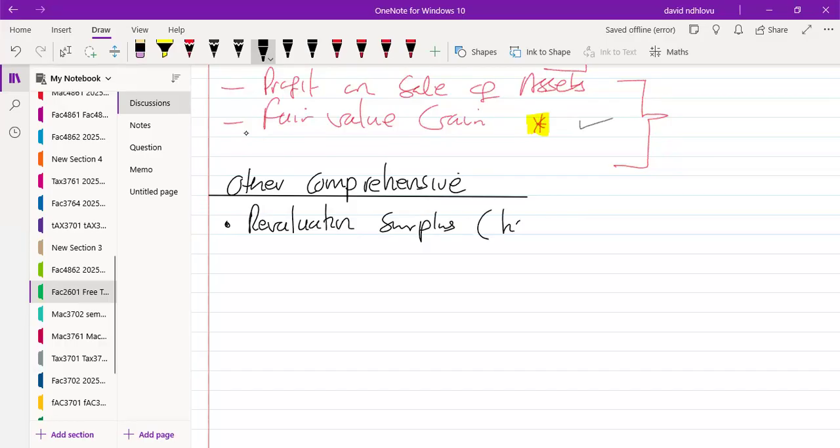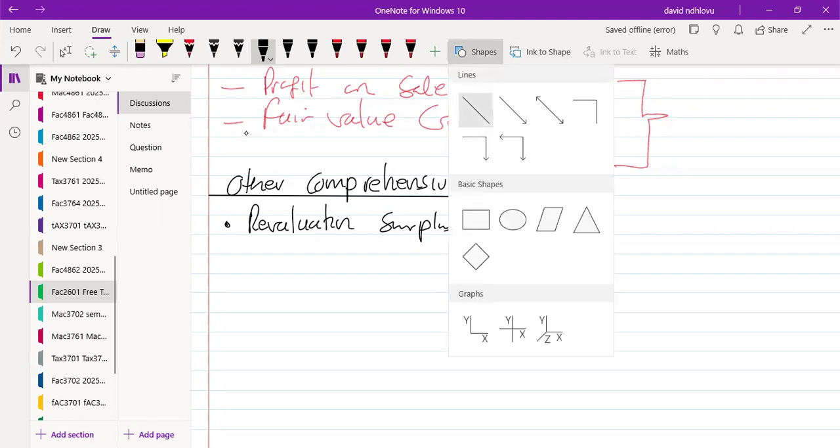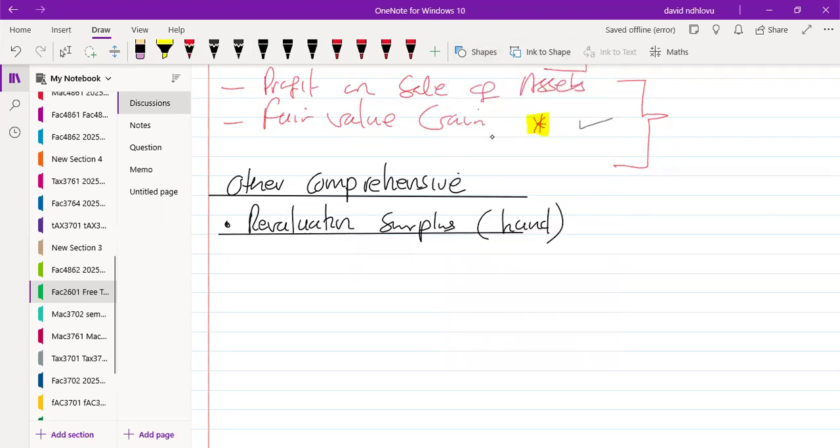This affects land, usually. We don't revalue depreciable assets, like your motor vehicles, your buildings, your equipment. Those are depreciable, so we don't revalue them. But when it comes to land, land can be revalued because it's a non-depreciable asset.